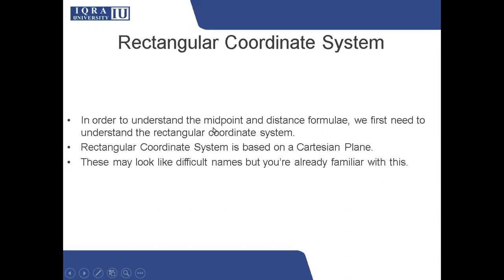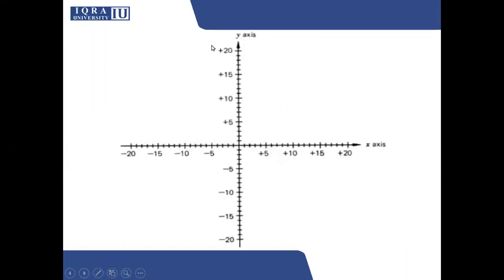Now, in order to understand the midpoint and the distance formula, we first need to understand the rectangular coordinate system. Rectangular coordinate system is based on a Cartesian plane. Now these may look like difficult names, coordinate system, Cartesian plane, but I'm pretty sure you're all already familiar with all this.